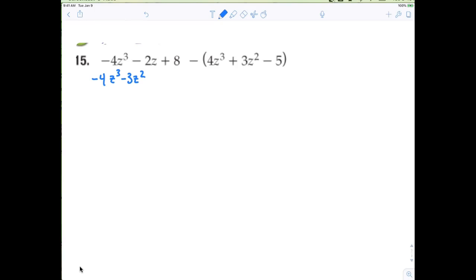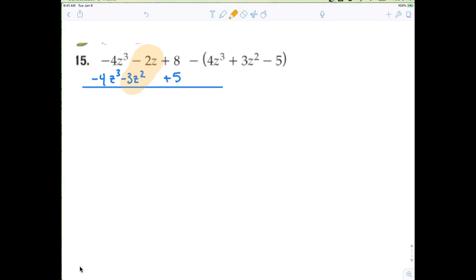Now, the last one is what? Plus 5. And the plus 5 would go under the 8. Now, do you combine those?